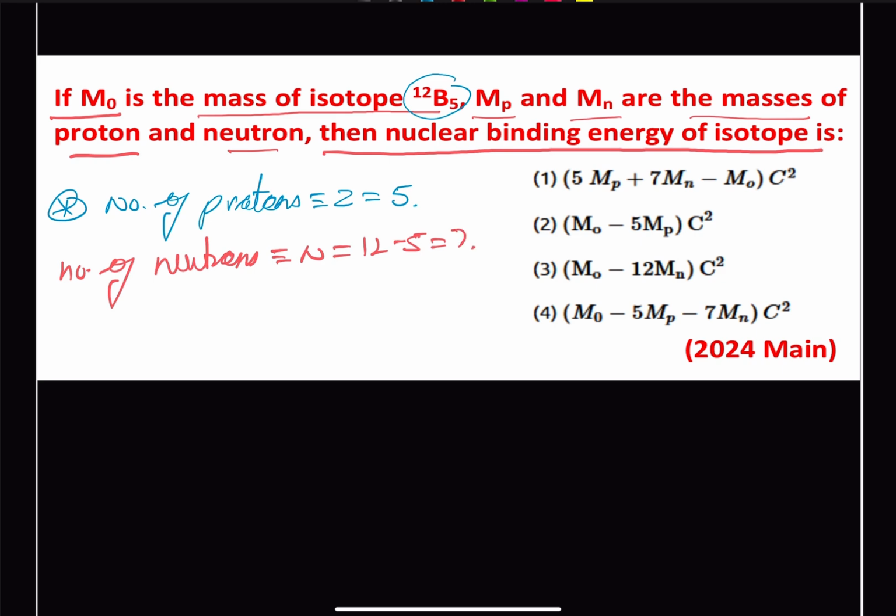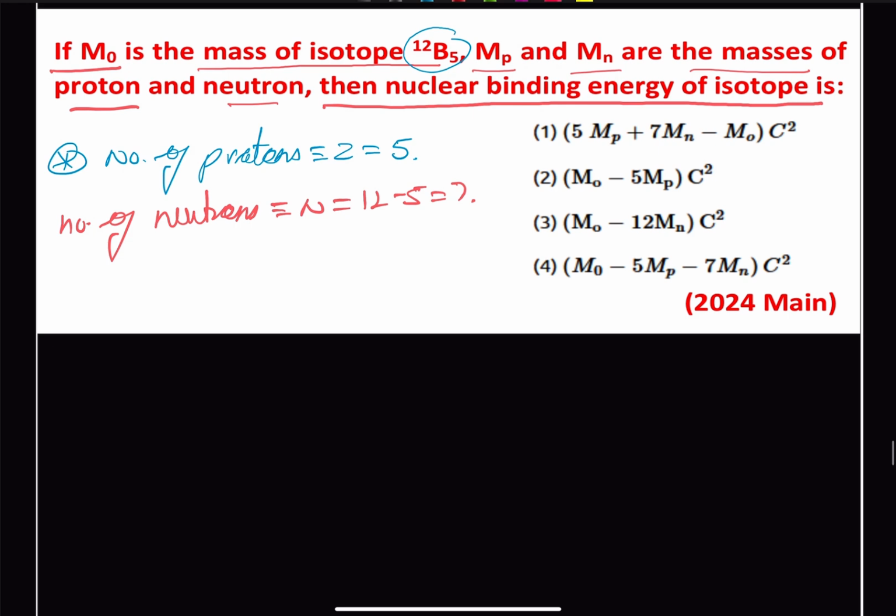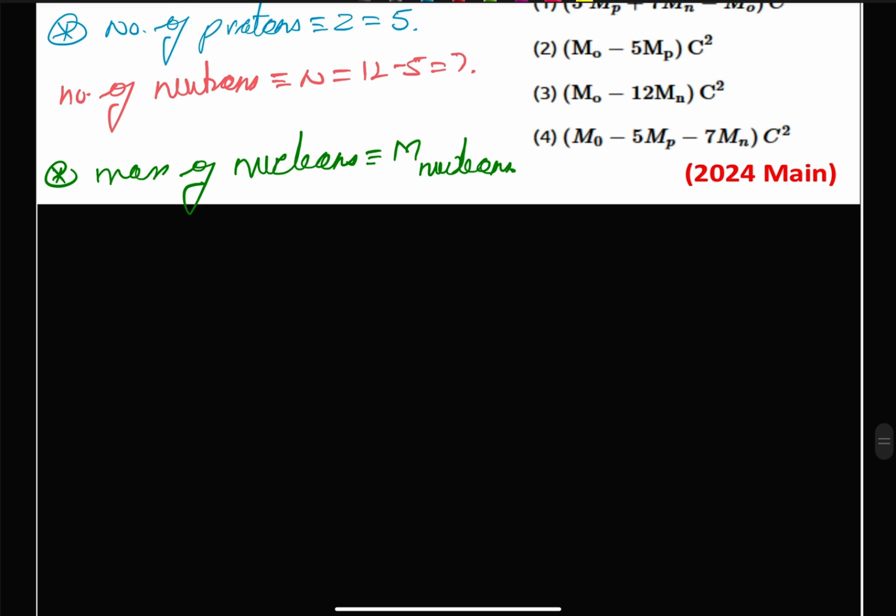So therefore we can say our mass of nucleons, let us call this M nucleon, will be equal to 5 times mass of proton plus 7 times mass of neutrons.